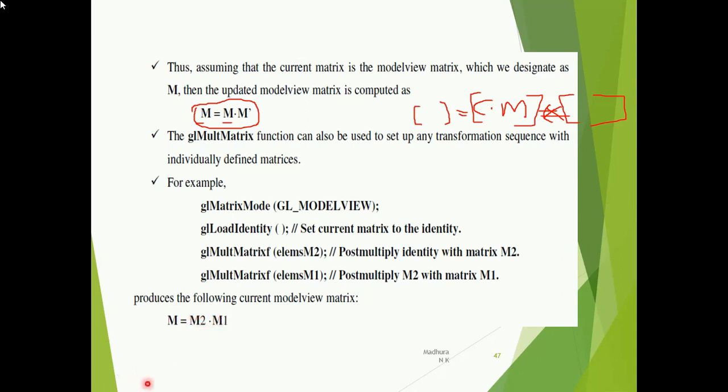In this way you go left to right and do the multiplication process. That's why we have post multiply M2 with M1. In the previous case we post multiplied the identity matrix with M2. That is the way we do the multiplication process in the case of model view transformation.